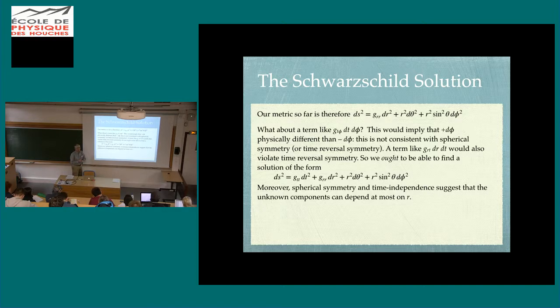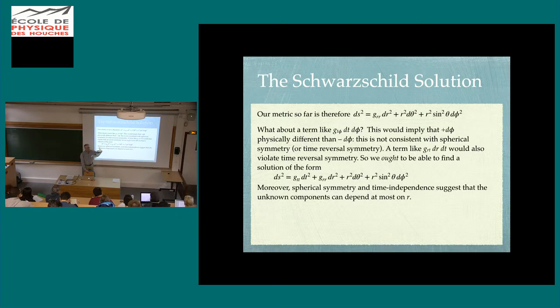So what other terms might I have? Well, I know that I've got no off-diagonal spatial terms, but might I have a term like this, where I've got an off-diagonal angular term? Well, that would imply that there's something physically different about going in the plus phi direction and forward in time, or the minus phi direction and forward in time.